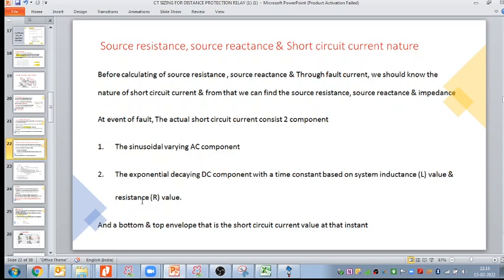It depends on these two values. If the system has higher inductance and higher resistance, then more DC component will come. First of all, why does the DC component come into the AC? Why does the DC component come into the AC?